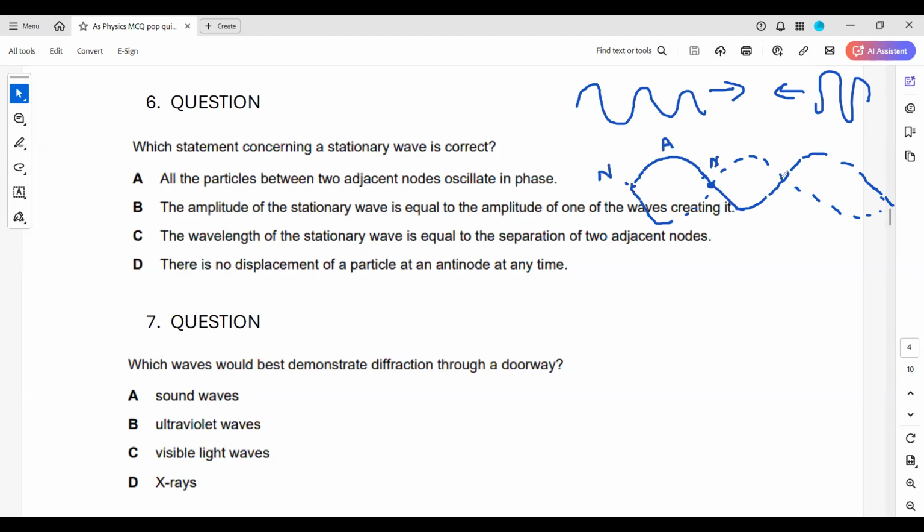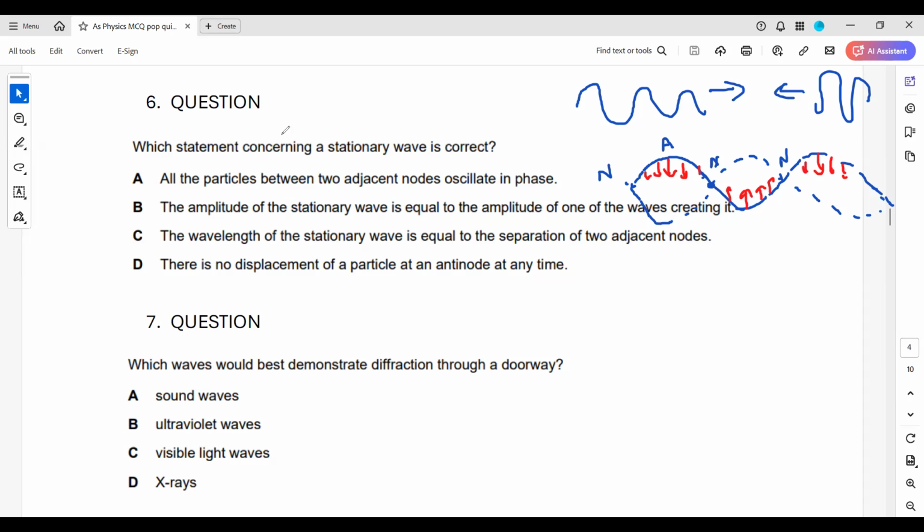How are the particles vibrating? Particles on adjacent sides of a node vibrate in antiphase. If this particle is going down, this will go up. But all these particles here will move up, all these particles will move down. Same thing, all these particles are going down. This is the pattern of the motion of the particles in a standing wave.